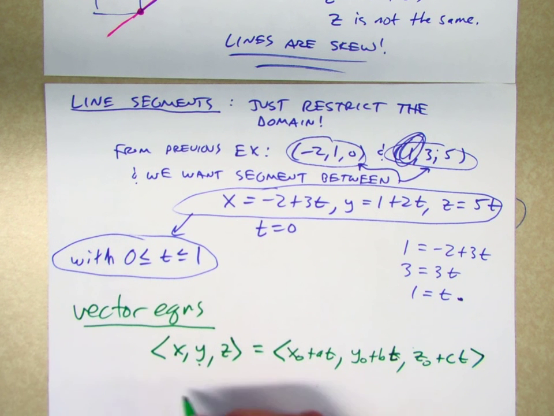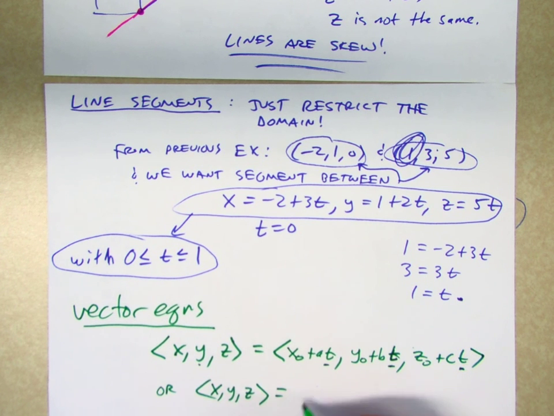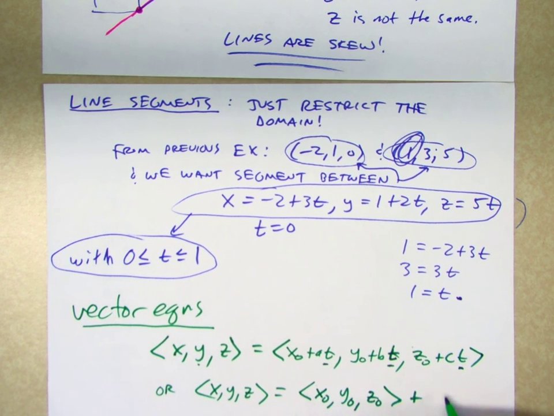Or if you prefer, you can factor out this scalar, this parameter t, and now you can write it as the vector (x naught, y naught, z naught) plus the scalar t times the vector (a, b, c).